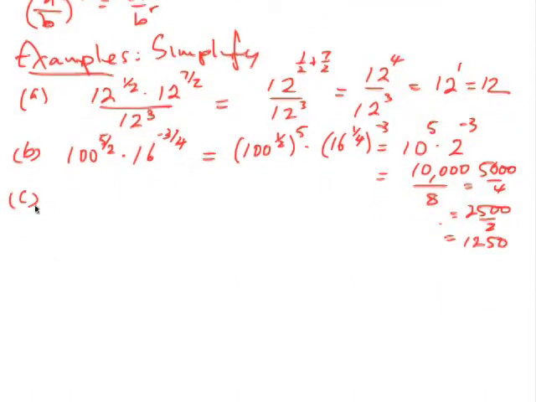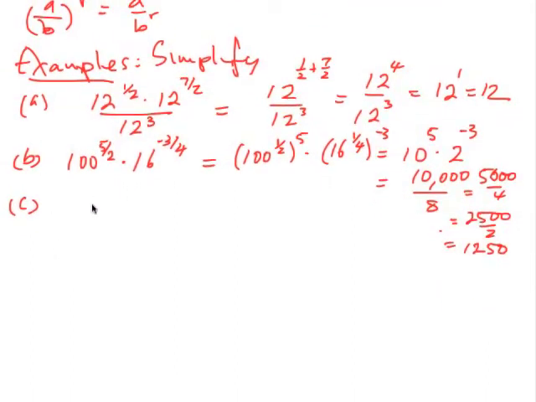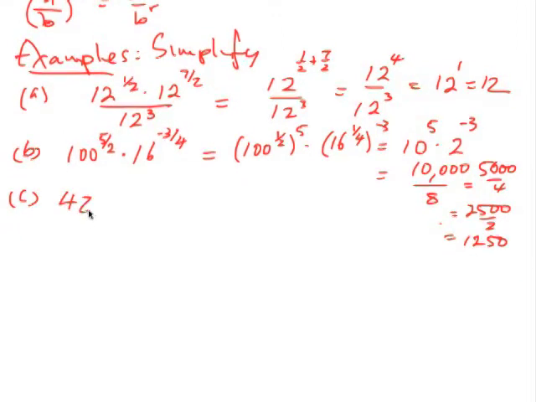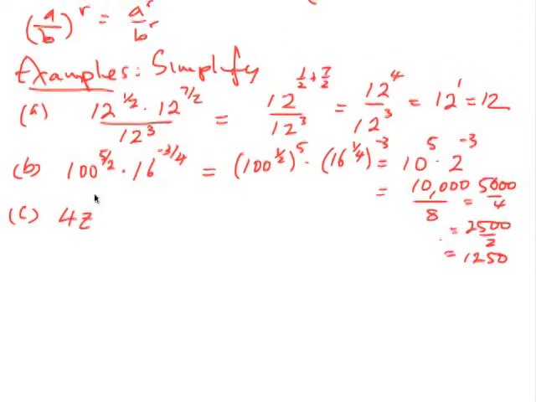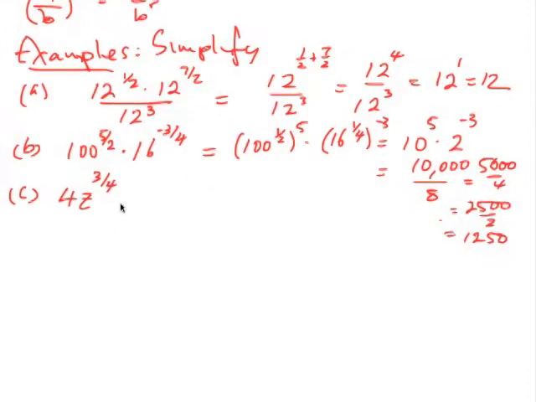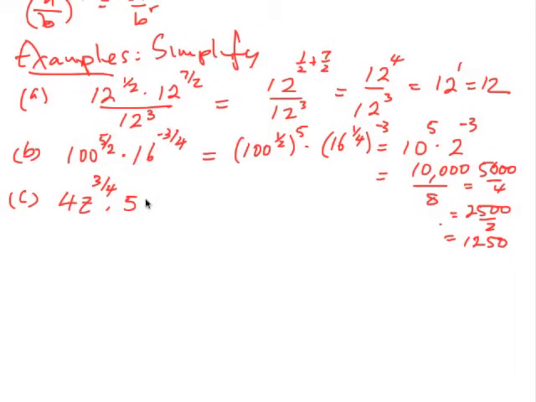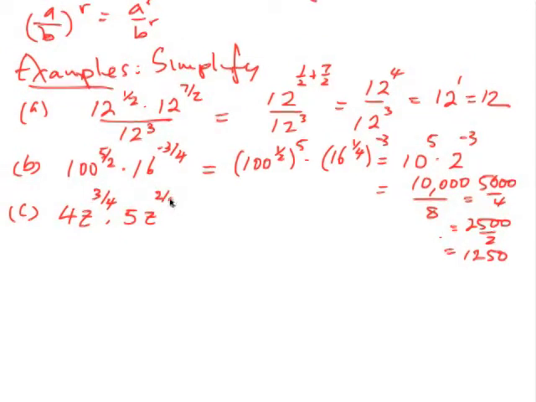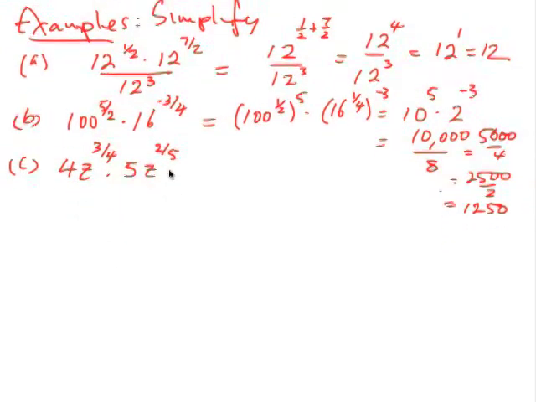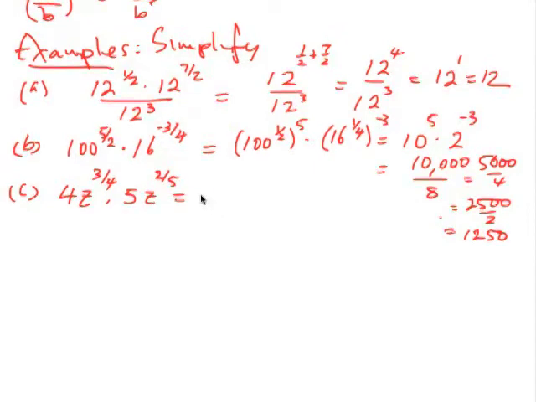All right, it's part C. All right, let's suppose that we have 4z to the 3 quarters by 5z to the 2 fifths. Now, of course, this becomes 4 by 5 is 20.